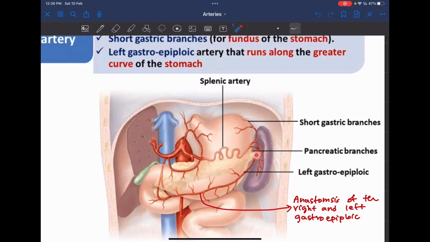They will be the main supply for the body and the pyloric part of the stomach. As you can see also, the splenic artery is giving off some pancreatic branches, and of course it gives supply to the spleen, since it's called the splenic artery.